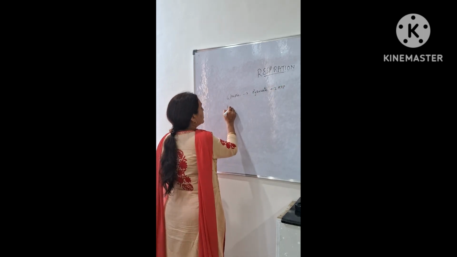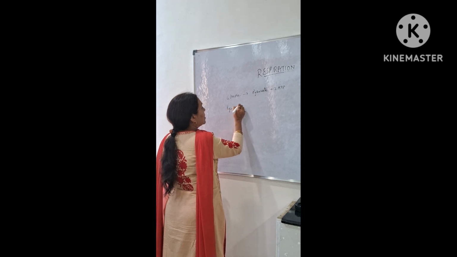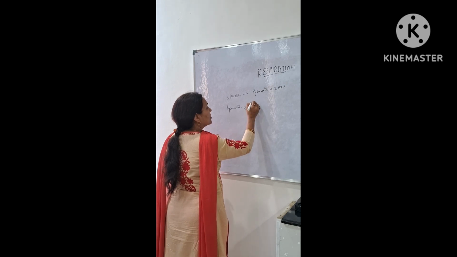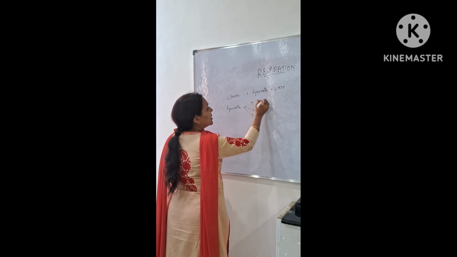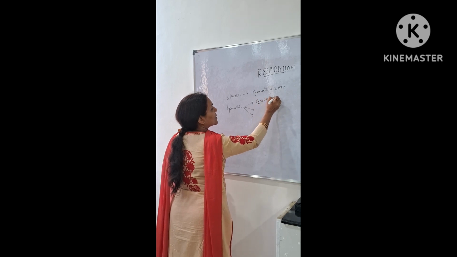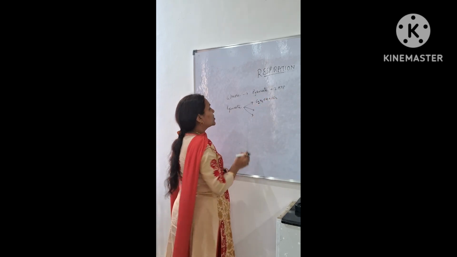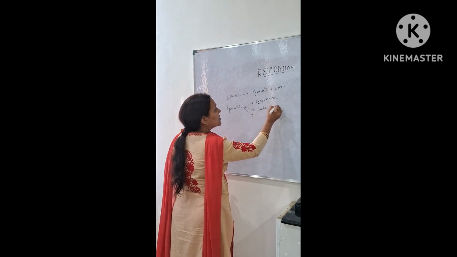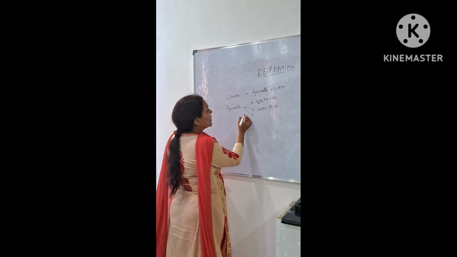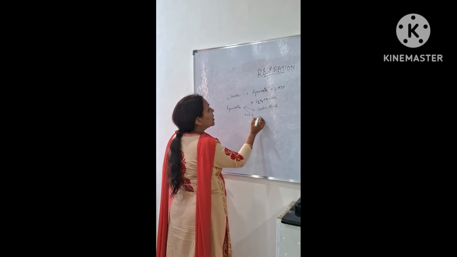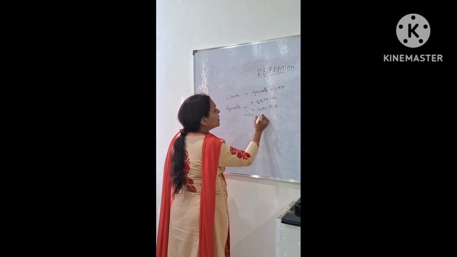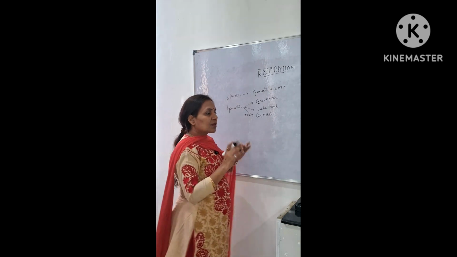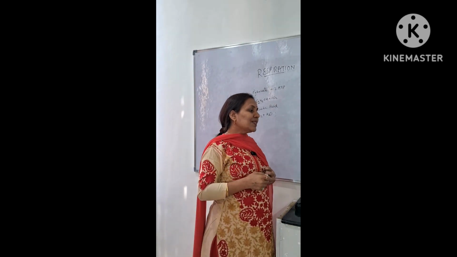This pyruvate in yeast cells forms ethyl alcohol plus carbon dioxide, lesser energy. In case of muscle cells, it forms lactic acid, less energy. But in presence of oxygen, it forms carbon dioxide and water and more energy. In fact, most energy.